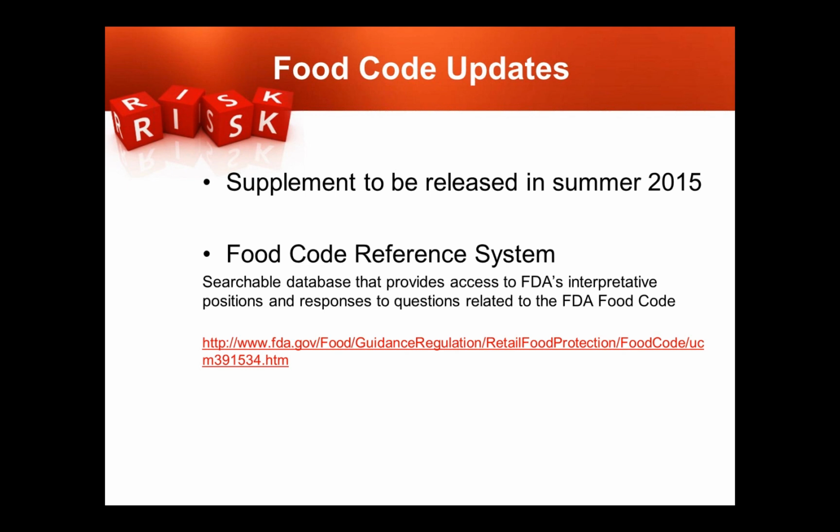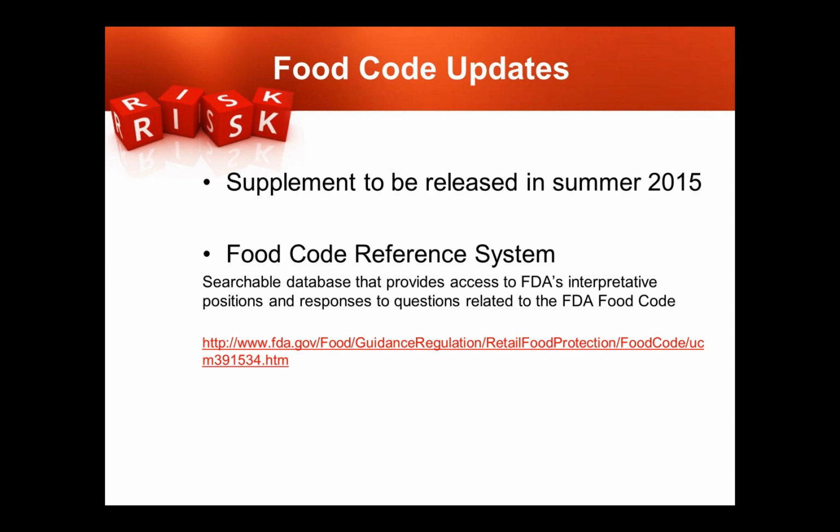We also have a food code reference system that's now available on our website, and I put the website there. This is a searchable database that will give you an opportunity to go in and see what we call our interpretations on the food code. Sometimes there are specific questions about how it should be applied.